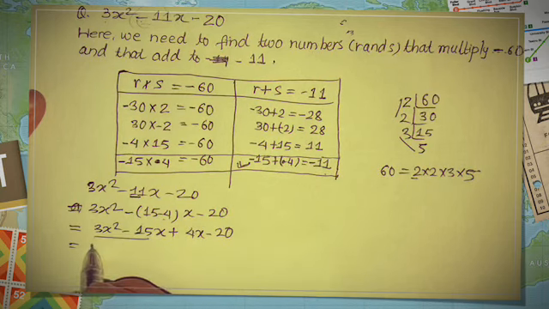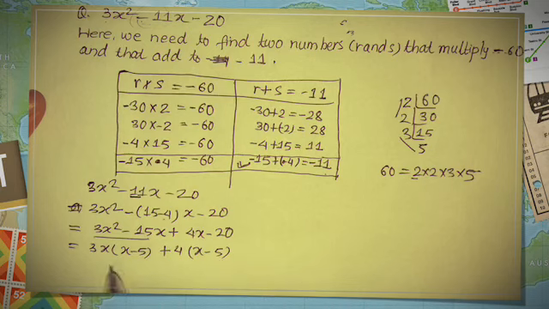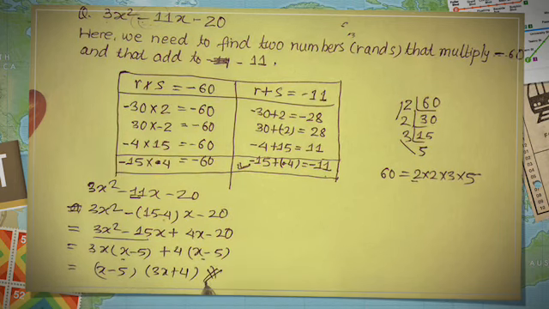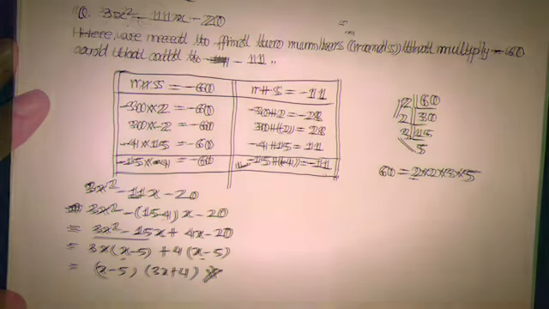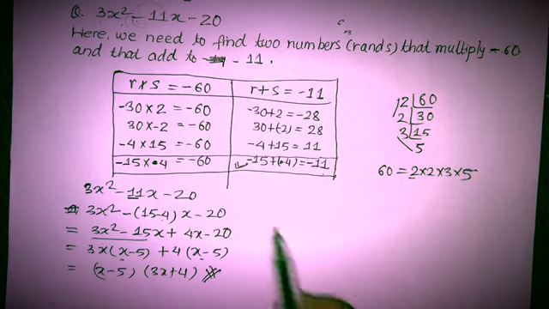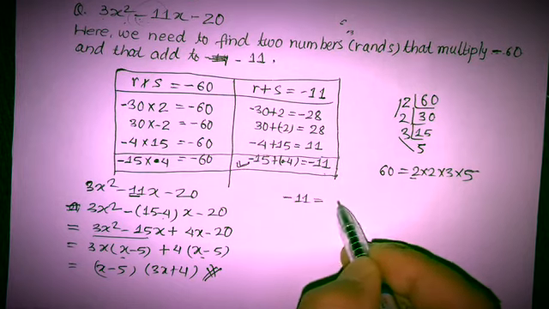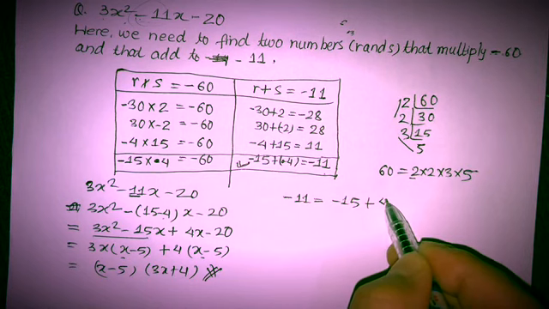So from here 3x is common, so x minus 5, and from here 4 is common, that is x minus 5. Again x minus 5 is common, 3x plus 4. Okay, this is the factorization of these ones. Okay, again students, let me tell you here, in place of minus 11 we can write here minus 15 plus 4 also.